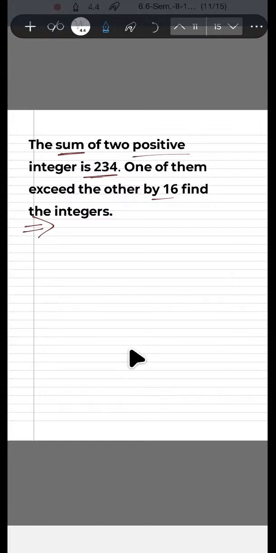Sum means addition of two positive integers, which is 234. One of them exceeds the other by 16, then find the integers.